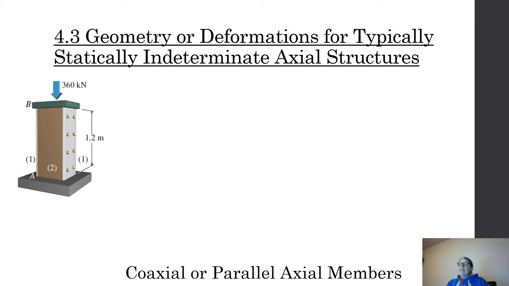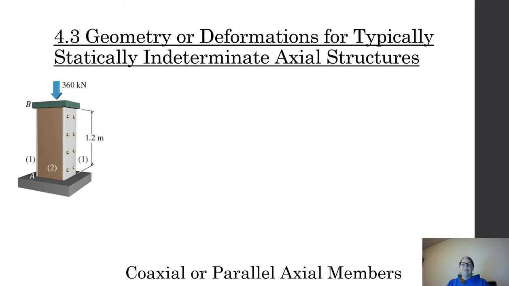Okay, so it's all axial, so summing forces in X is not helpful, and summing moments about a point is not helpful. All I have is summing forces in the Y direction. So I have minus 360 kilonewtons plus the force in the wood plus the force in the steel equals 0. I have two unknowns. But what do I know about the deformation of the steel and the deformation of that timber? If I'm pushing down, their deltas have to be equal.